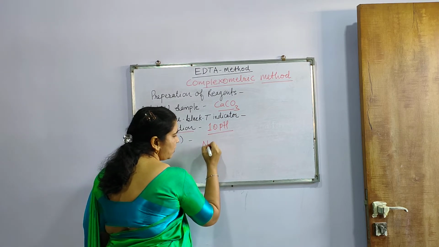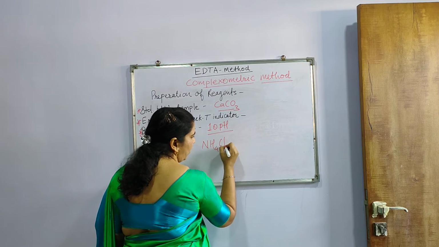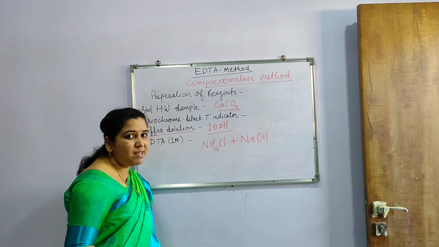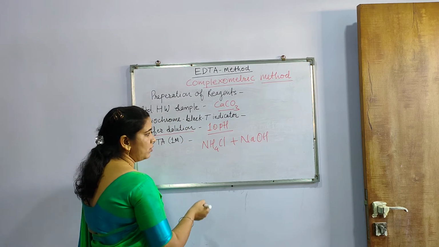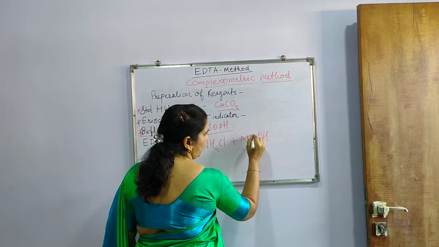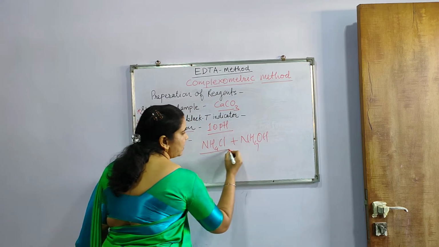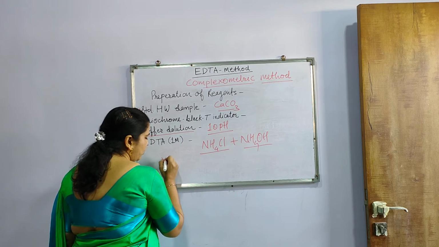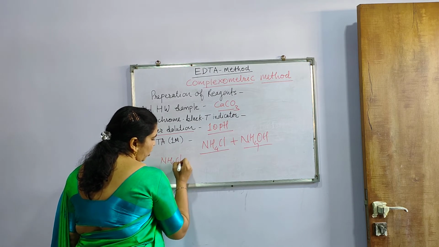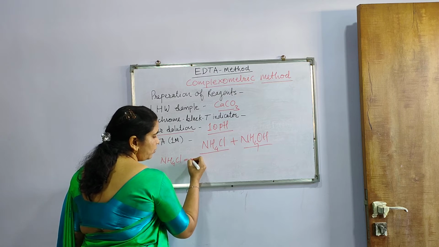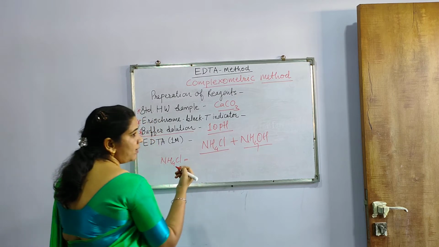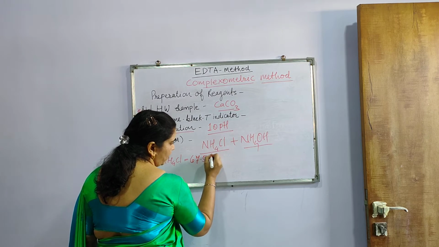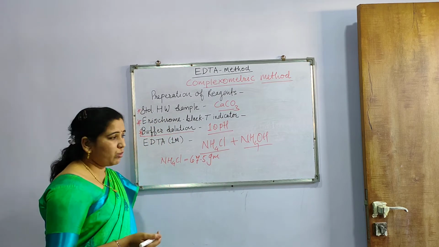Now the buffer solution is made of NH4Cl plus NH4OH. It is a basic buffer. So this NH4Cl and NH4OH are to be used. The NH4Cl, that is ammonium chloride, is to be used up to 67.5 gram, according to its molecular weight.